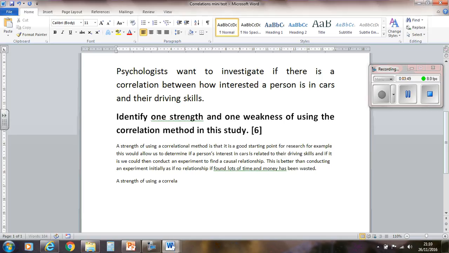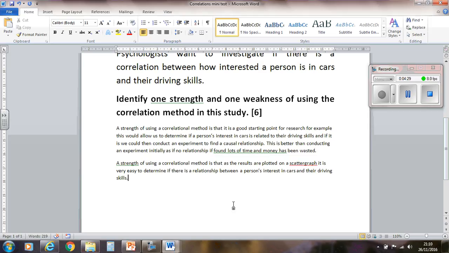A strength of using a correlational method is that as the results are plotted on a scatter graph, it is very easy to determine if there is a relationship between a person's interest in cars and their driving skills, because a trend in the data and strength of the relationship, if there is one, can be seen visually. Okay, so now a weakness.